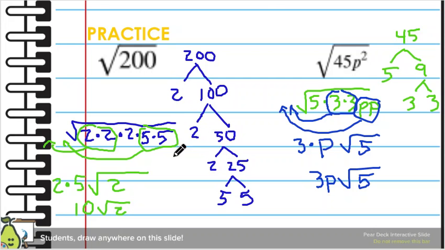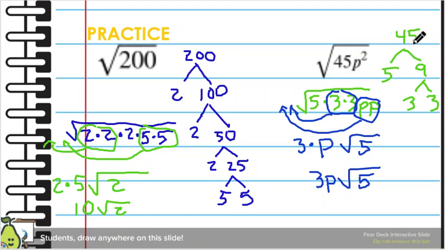So I have 1, 2, 3 2's and 2 5's. And remember, I'm looking for groups of 2, so I pulled out my group of 2, I pulled out a group of 5's, so that gives me 2 times 5 on my outside, and on my inside I'm left with that 2, because that 2 there does not have a partner. So I multiplied 2 times 5, that gave me 10, and that 2 just stays underneath, so it'd be 10 times the square root of 2.